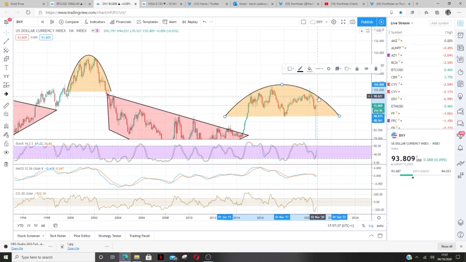And similarly with the CCI indicator, when the CCI indicator breaks that level there, you can see what happens to the dollar index. It drops rapidly. Same thing happened back here when the CCI indicator broke out of that shaded zone. The dollar index dropped like a rock.